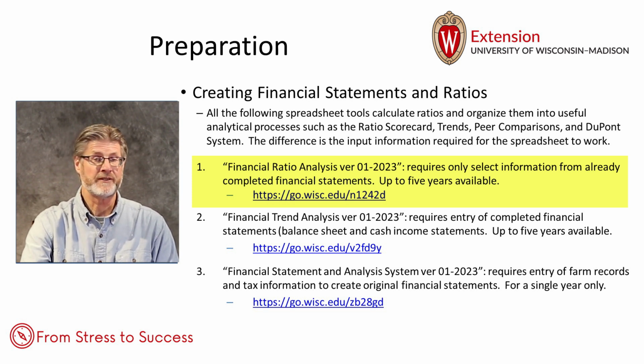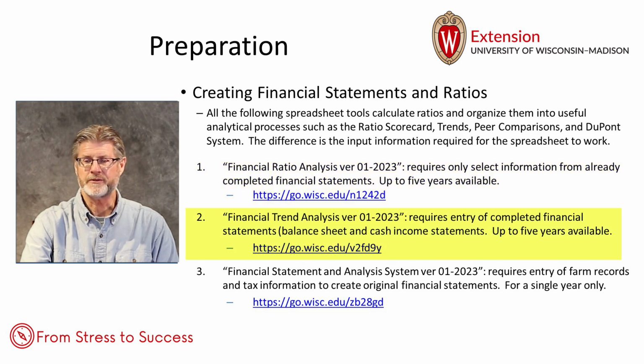Up to 5 years of information can be entered. The second spreadsheet tool is titled Financial Trend Analysis. This spreadsheet requires entry of full financial statements versus just the selected information as we had before. Upon full entry, all else is automatically done. Up to 5 years of information can be entered here as well.